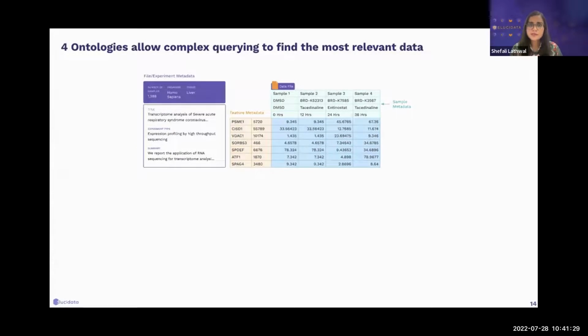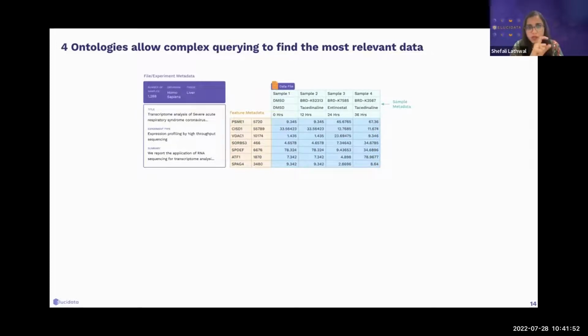Now, the fourth use case that I'll talk about today is that we are using ontologies to curate not just one type of information and one type of metadata, but we're using ontologies to curate 14 different types of metadata fields which contain different information.